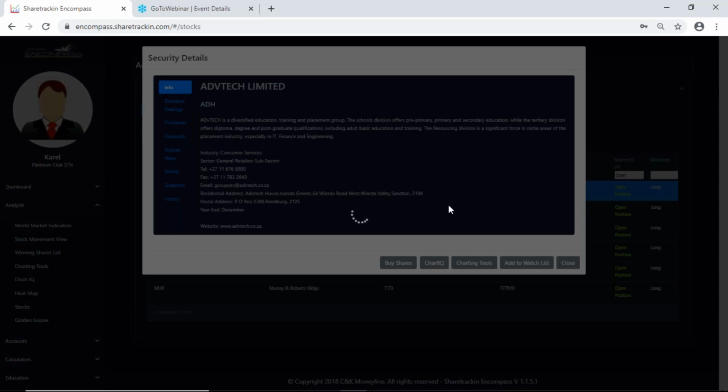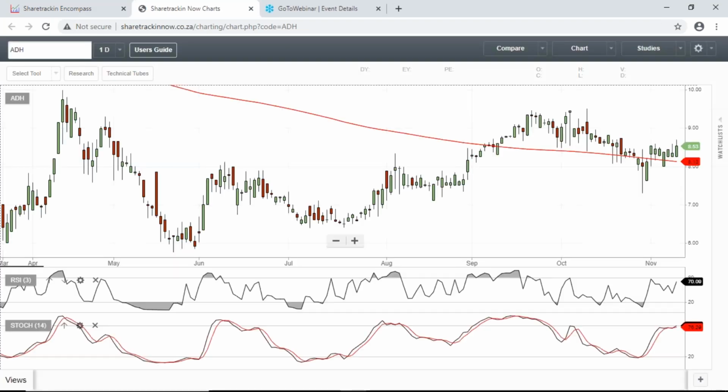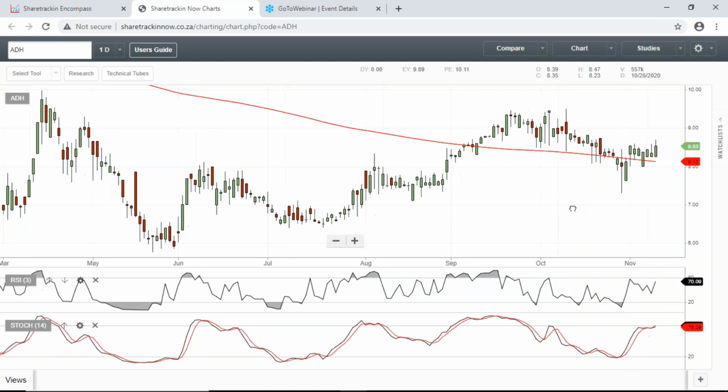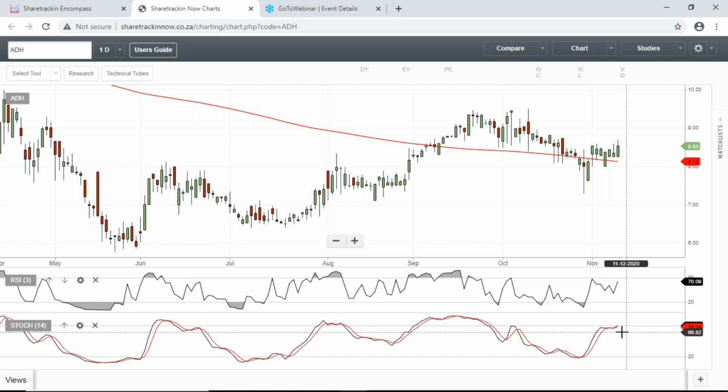Let's go with ADV Tech, and then I say Chart IQ. So as I can see here, this share is growing. The stochastic did cross relatively high, but it did cross.